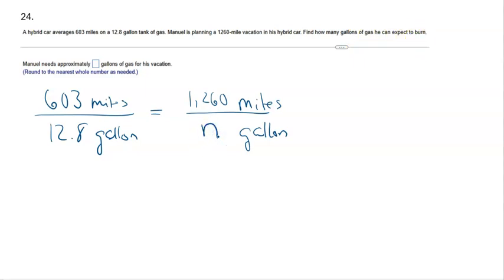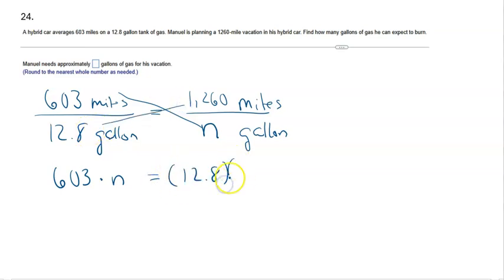And so once again, we can do our cross product by multiplying 603 times n. And on this side, I've got 12.8 or 12 and 8/10 times 1,260. And using my basic calculator, I got 12.8 times 1,260.